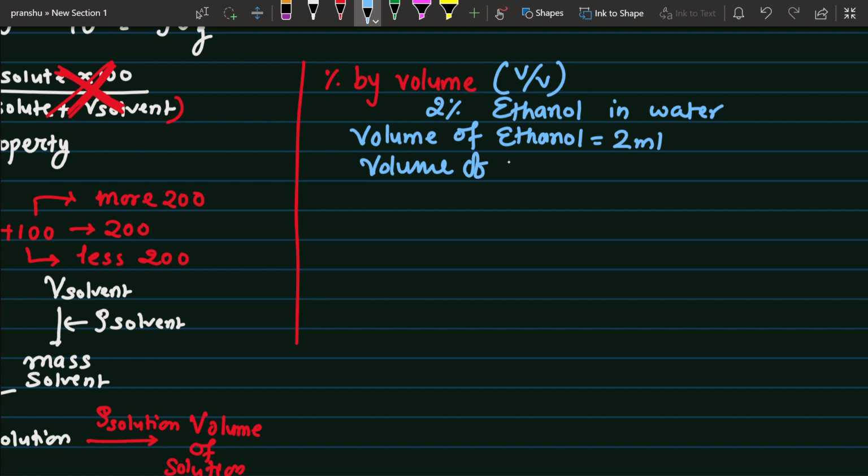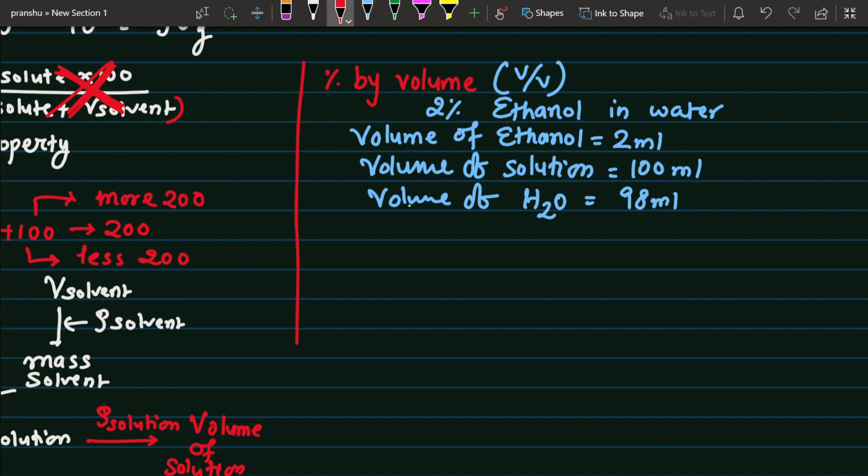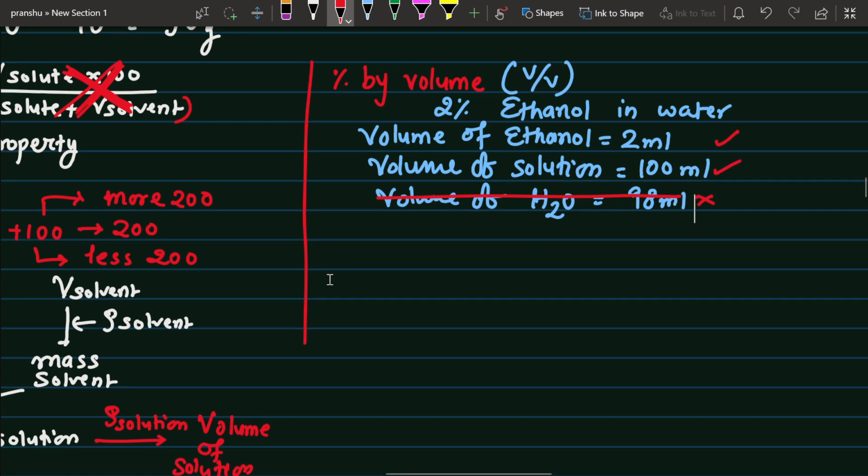Volume of solution is 100 ml. But never conclude volume of water is equal to 98 ml. This will be wrong, because volume is not an additive property.